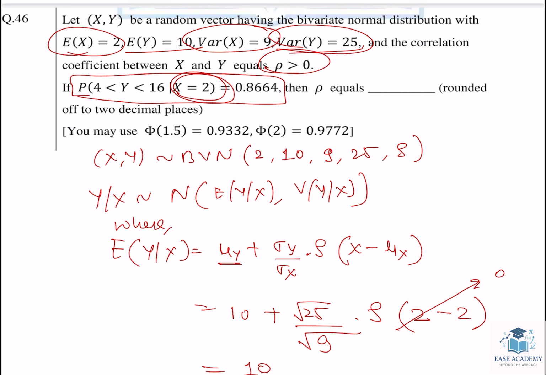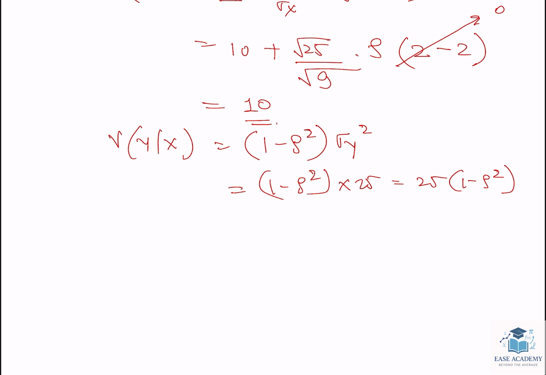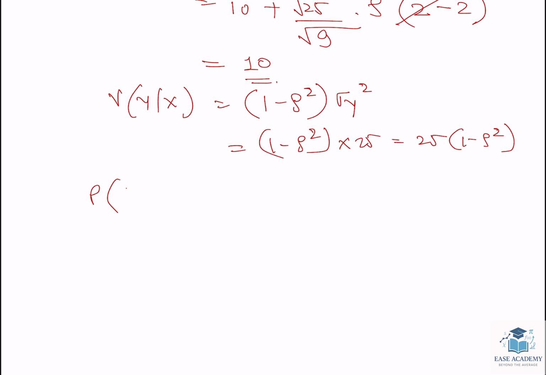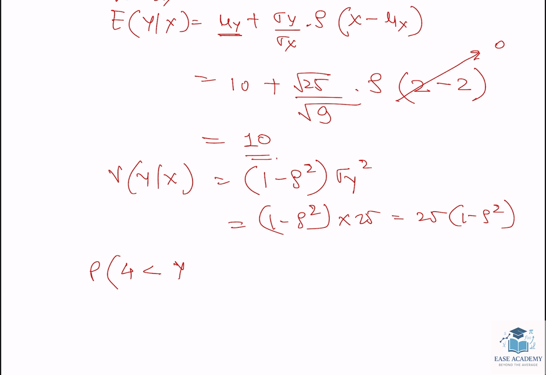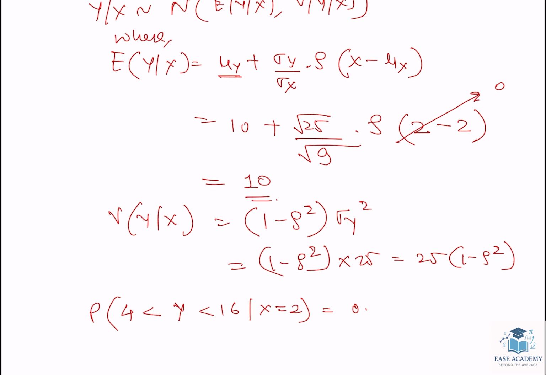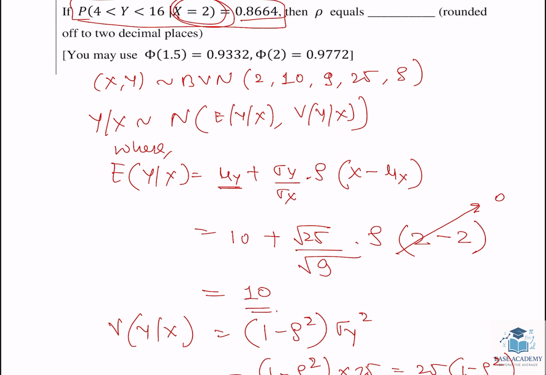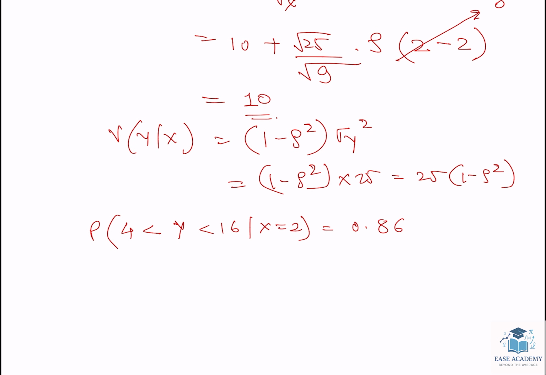Let us find the probability of 4 less than Y less than 16 given X equal to 2, which is 0.8664.